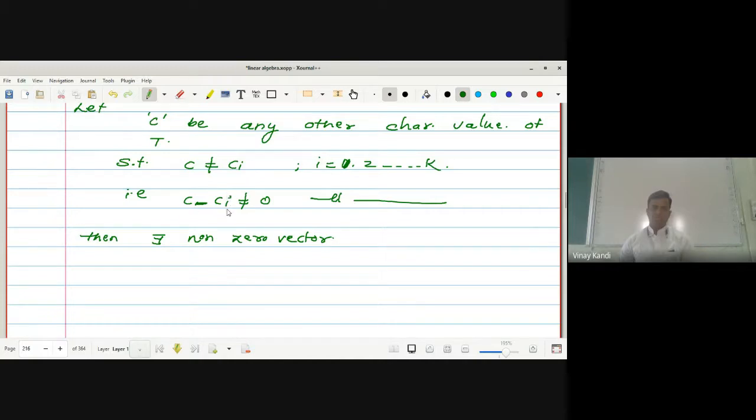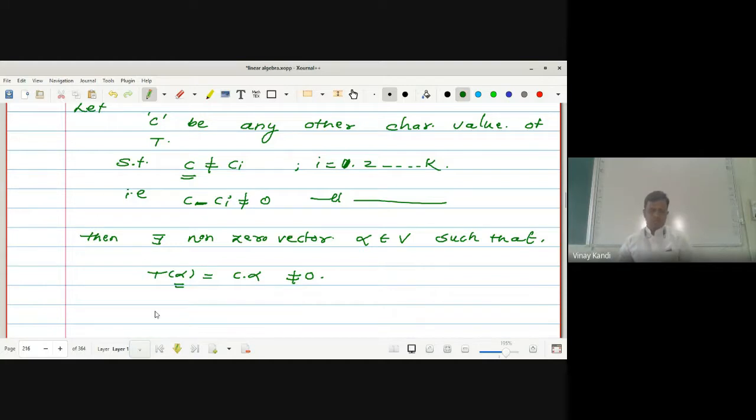That means C minus Ci is not equal to 0 for i from 1 to k. That is non-zero. So then there exists a non-zero vector alpha belonging to capital V such that T of alpha is equal to C into alpha, which is not equal to 0. So if this is a characteristic value, then a non-zero vector exists. Is it correct? Yes, sir.